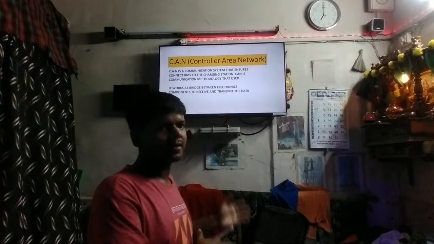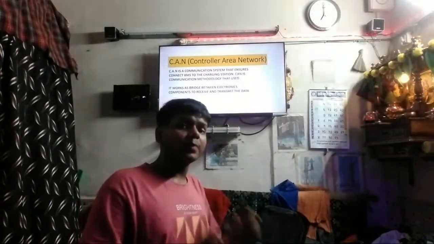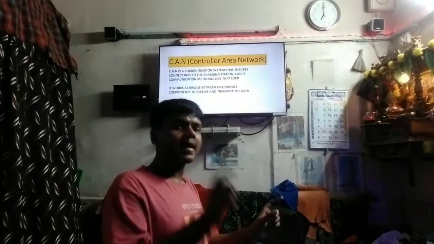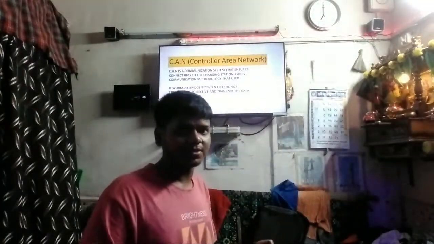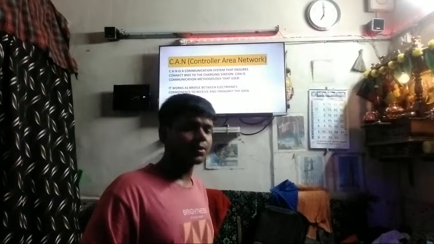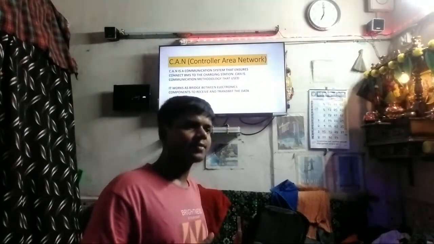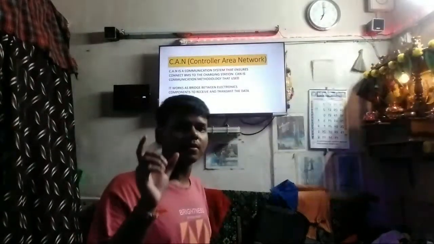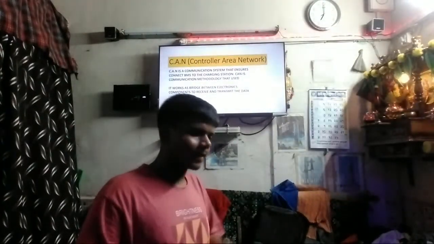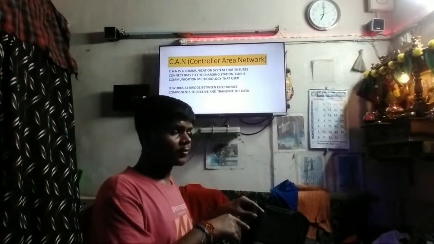So the CAN is just the bridge between the BMS and the charging station input power. When the charging station input power goes in, the CAN senses the presence of the input power. Then it sends the data to the BMS.